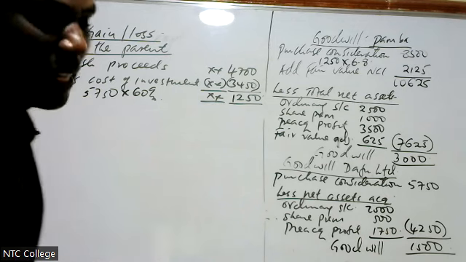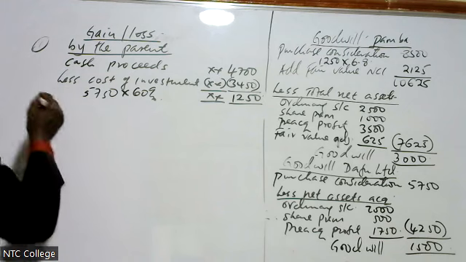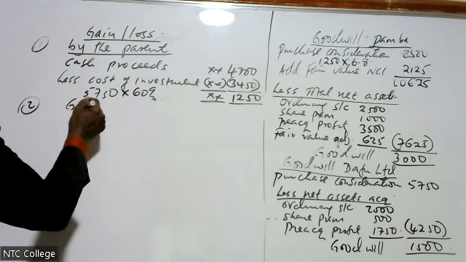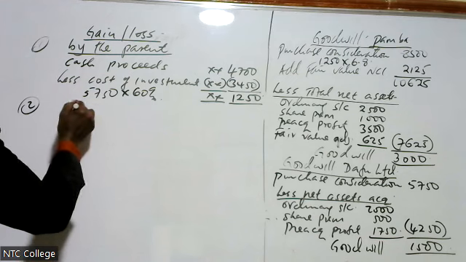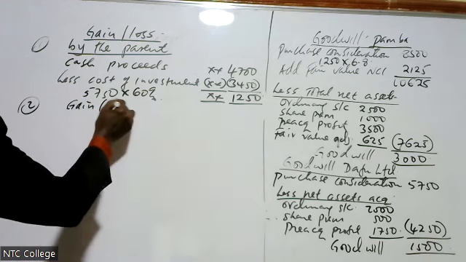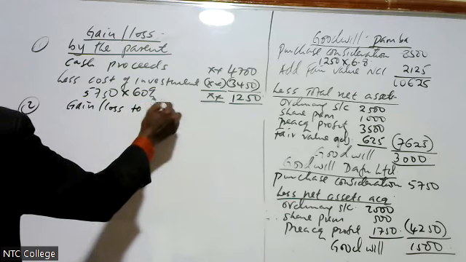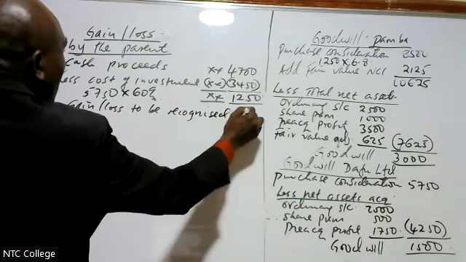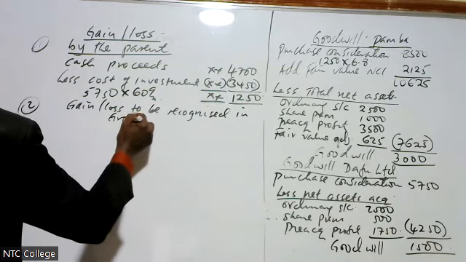Then we go to gain number 2. The gain to be recognized in the group. Gain or loss to be recognized in the group or to be consolidated.